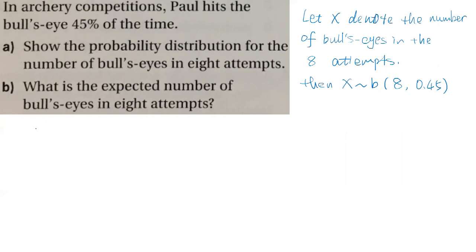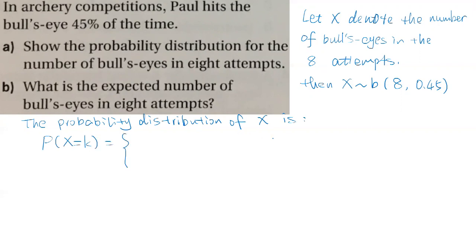Okay, so according to the binomial formula, the probability distribution of X is, for any k that lies in the interval 0 to 8, the probability is C(8,k) times 0.45 to the k times 0.55 to the 8 minus k, right?